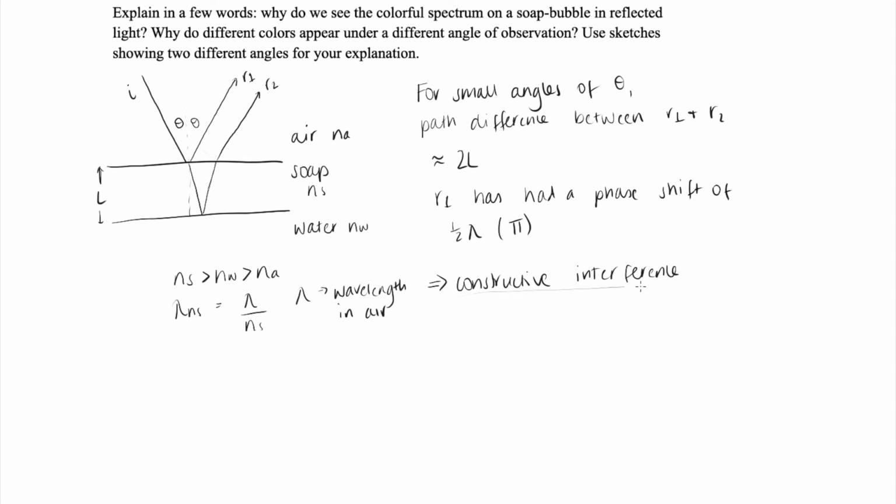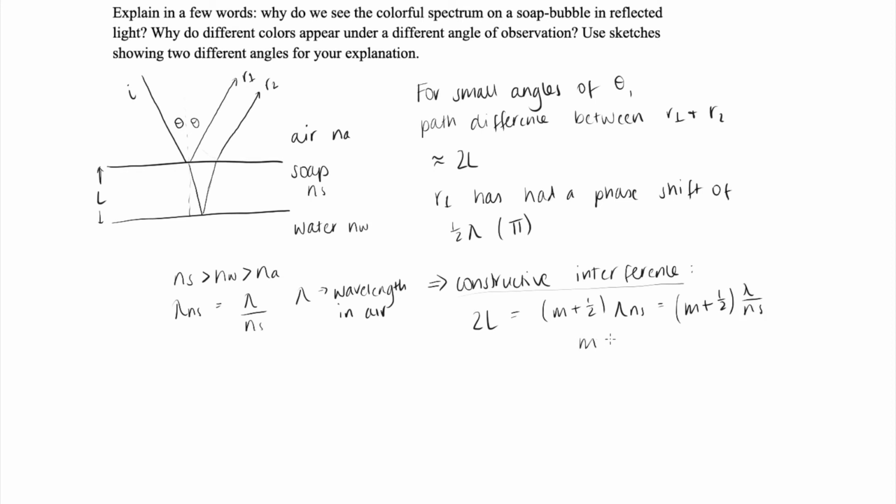So therefore, constructive interference is going to occur when we have a path length difference that is equal to m plus a half, lambda divided by NS.